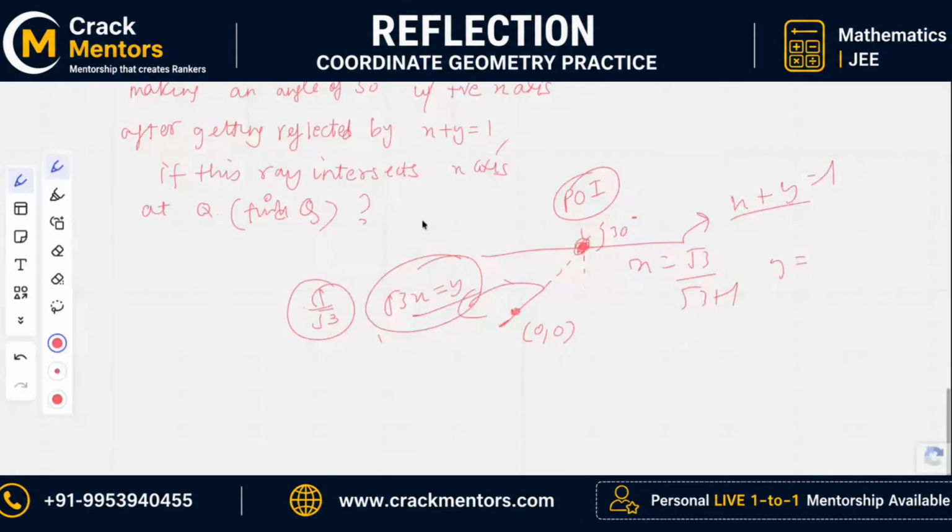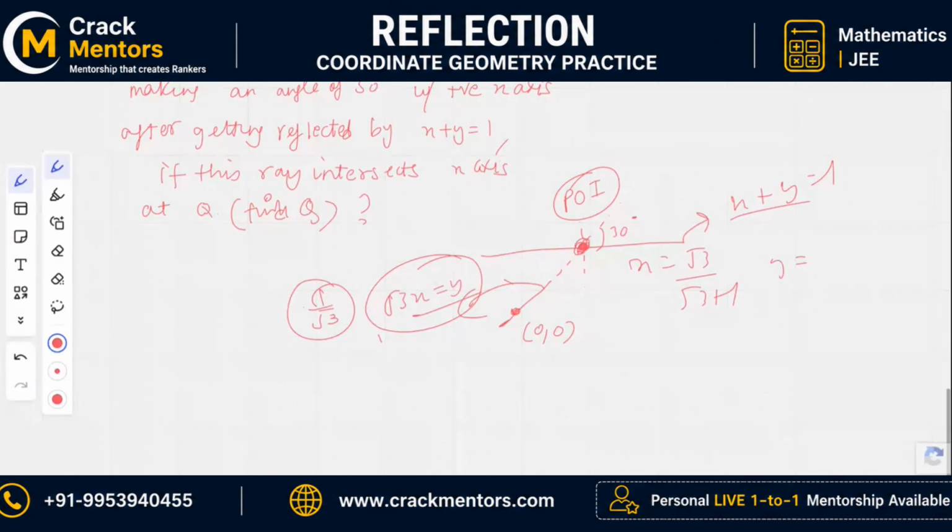The image of the origin O dash will be 1 comma 1. Then for the reflected ray, the slope m is root 3 minus 3 by 1 minus root 3, so basically root 3.